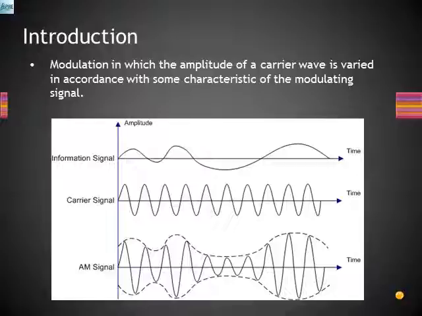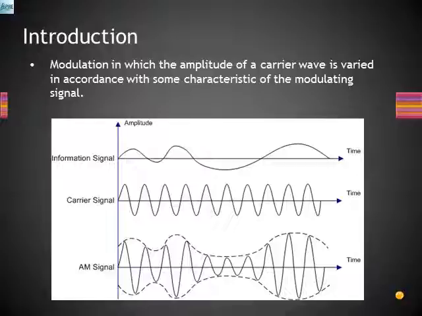Like we have an information signal and a carrier signal in the given figure. These signals are imposed on each other. The information signal and the carrier signal are imposed on each other to get the amplitude modulated signal shown at the bottom of the image.